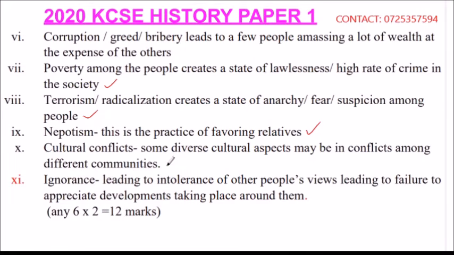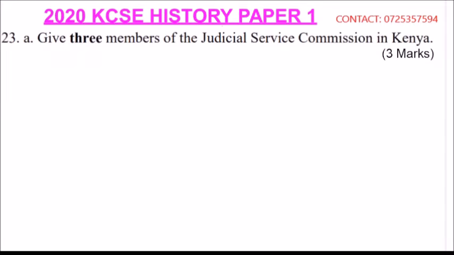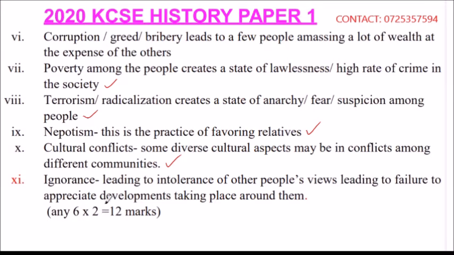For example, those who are livestock keepers and those who are farmers, that's a conflict that has been there. The other one is ignorance, leading to intolerance of people's views, leading to failure to appreciate development taking place around them. So you get 6 out of this. Each will be awarded 2 marks, so you have 12.